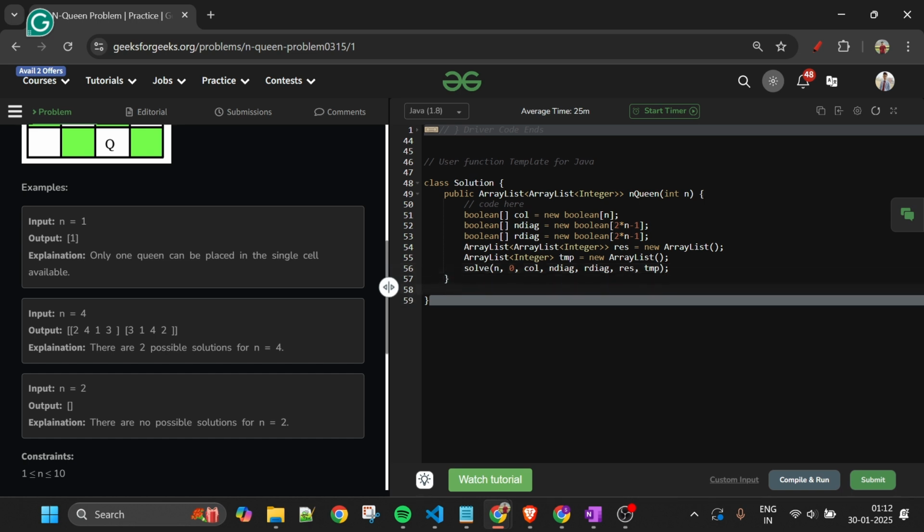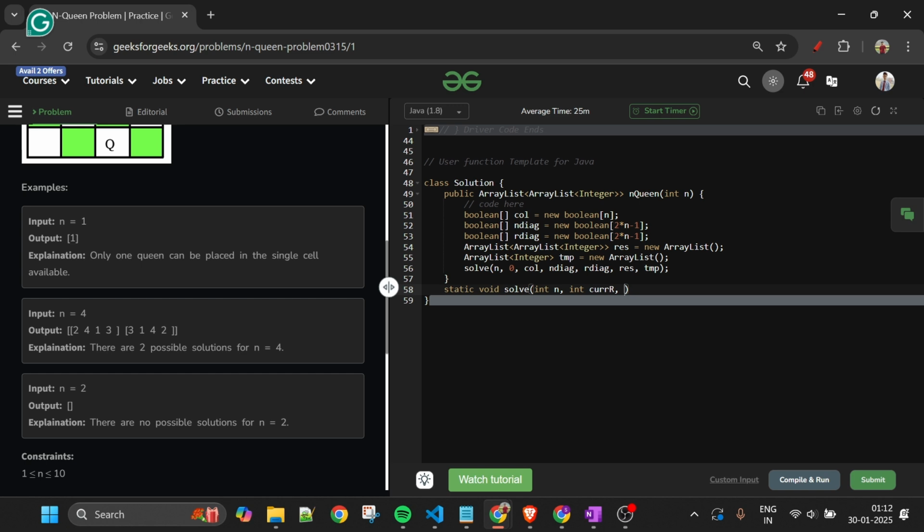Now let's move on to this solve function. Static, I will not return anything. Function name is solve. It will expect first thing as int n, next thing is row, current row.